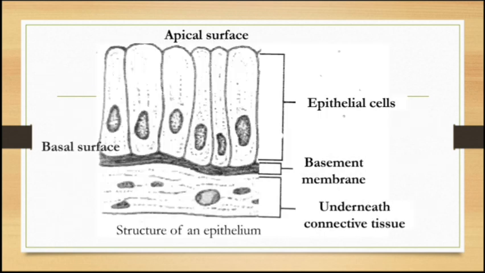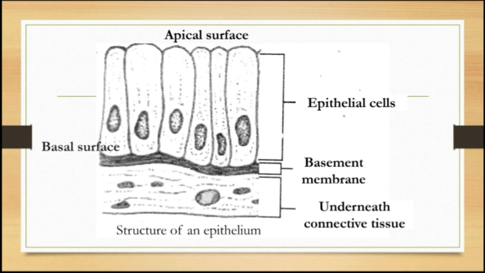Let's consider this picture diagram. There are two surfaces of this cell layer. What are the two surfaces? Apical surface and basal surface. So, the apical surface opens to the external or internal environment, and the basal surface is connected with the basement membrane.